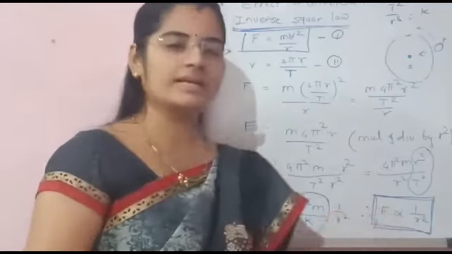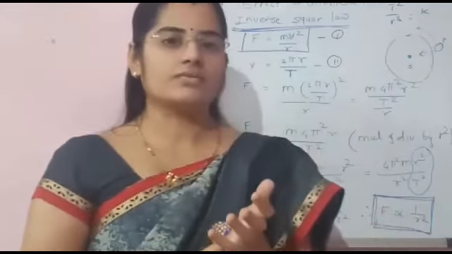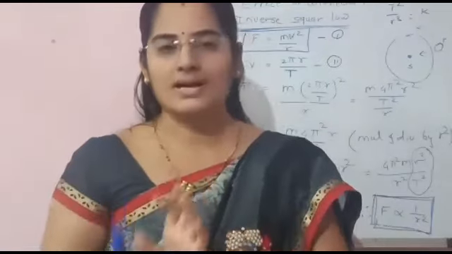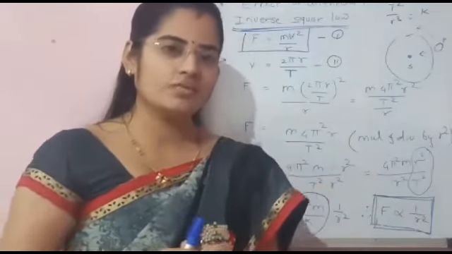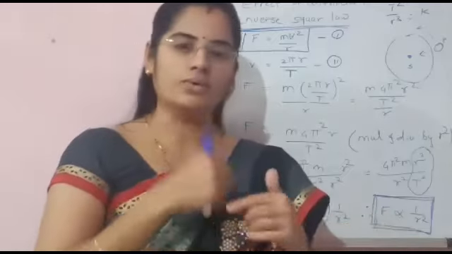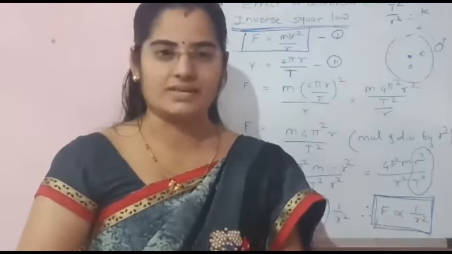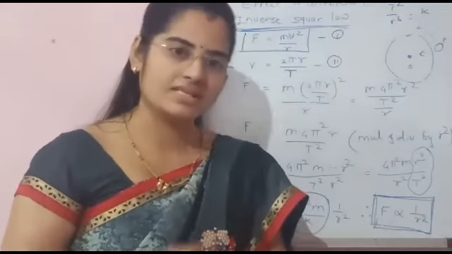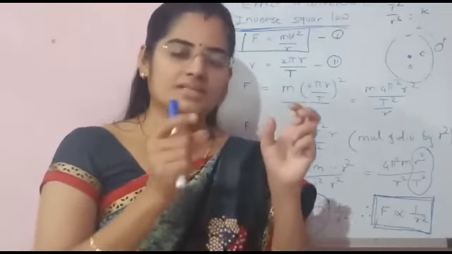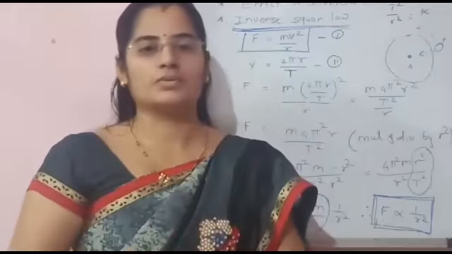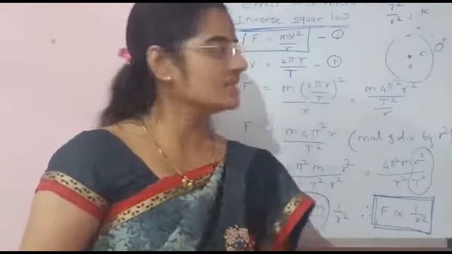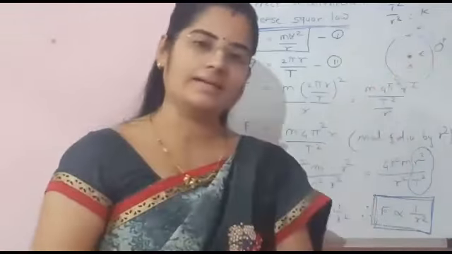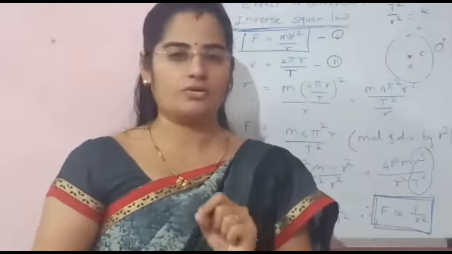Then we get the relation F is equal to a constant into 1 upon r squared. So F is inversely proportional to r squared, and this is called the inverse square law of gravitation. What is the inverse square law of gravitation? The centripetal force is inversely proportional to the square of the distance between the sun and the planet.